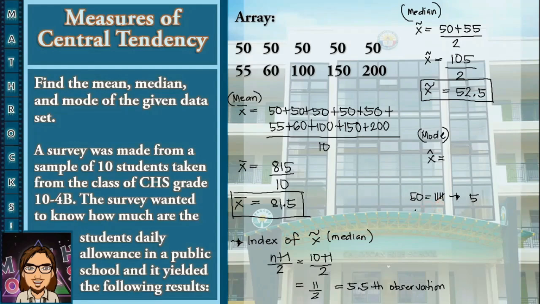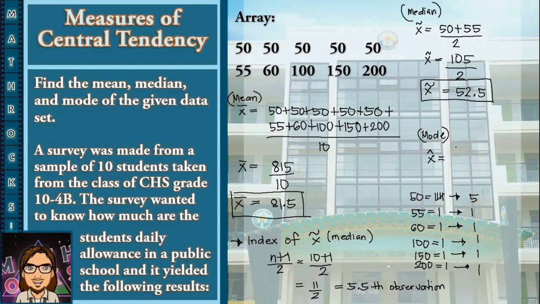And for the 55, since we only have this once, we have a frequency of 1. Doing this for the remaining observations, you will see that the highest frequency goes with the observation with a value of 50, because all of the remaining observations only appeared once, having 50 as the highest frequency.